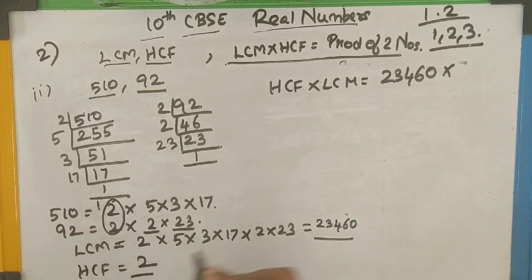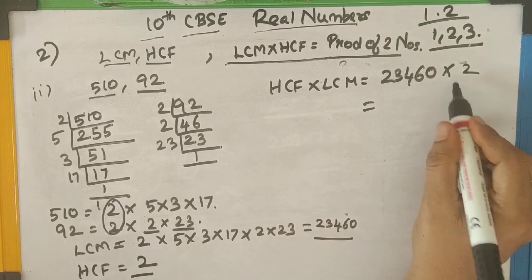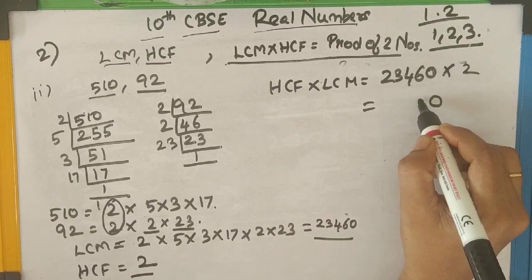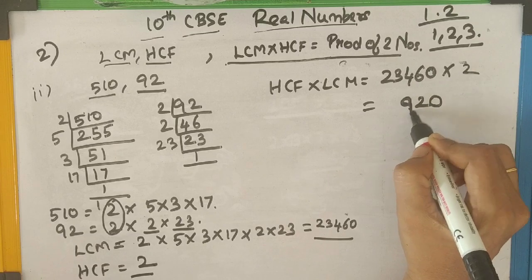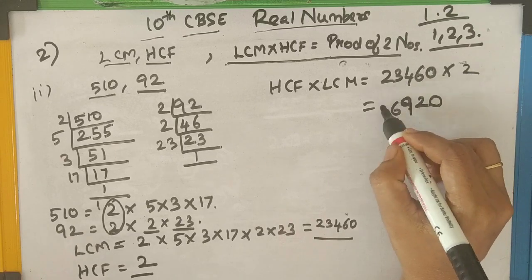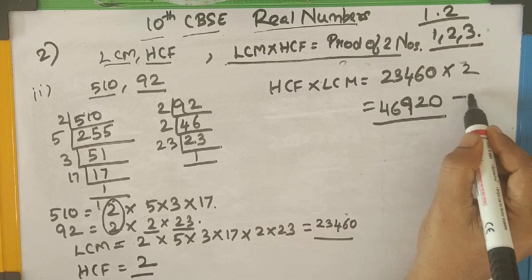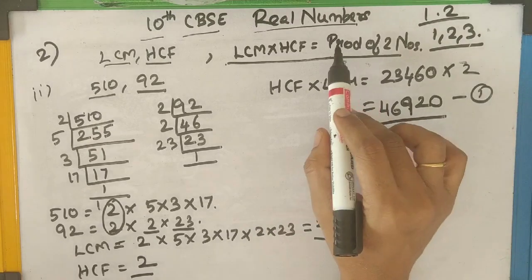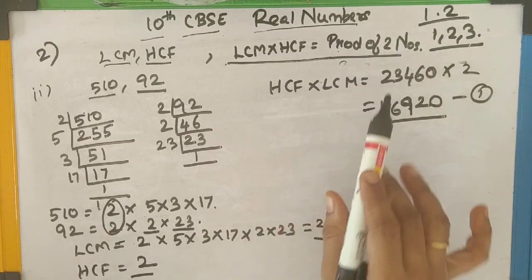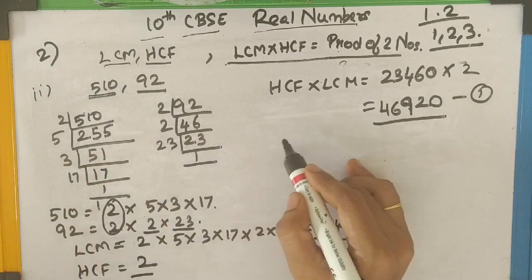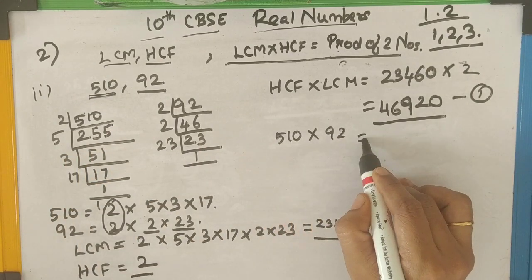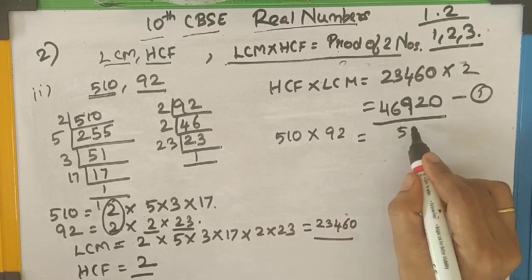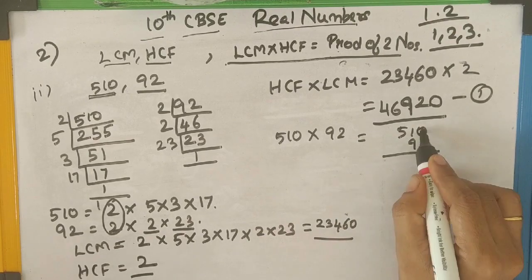I am going to write the LCM first, that is 23,460, and I am going to multiply with the HCF, that is 2. So, I get a product of 46,920. Okay. Now, I am going to do the product of the two numbers, that is 510 and 92. What is that? 510 into 92, that is normal multiplication.